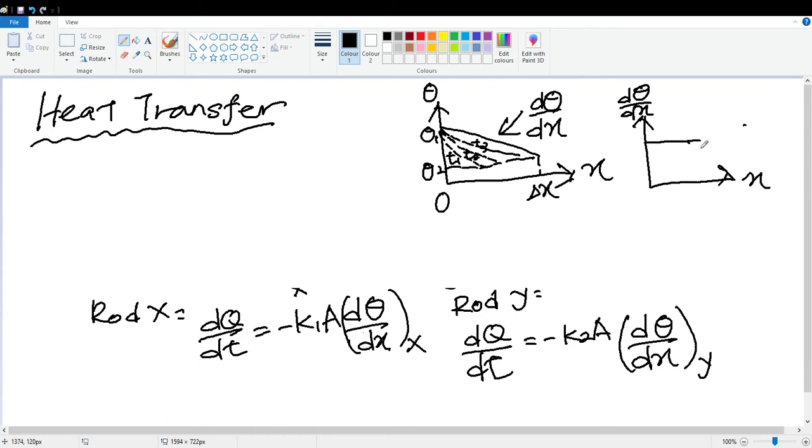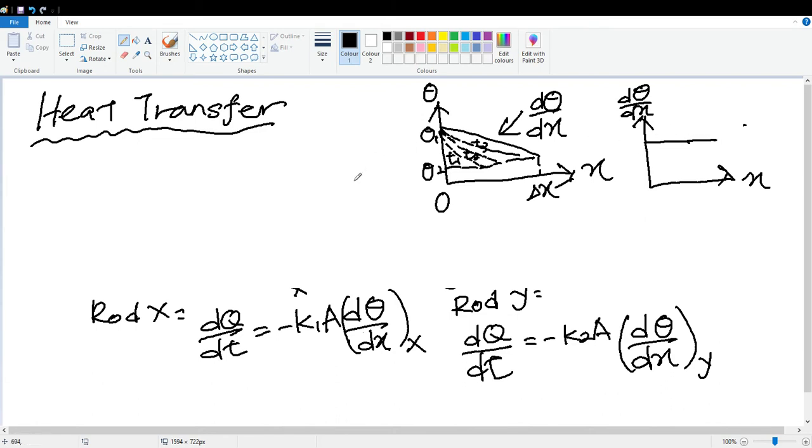So this shall be my temperature gradient, which is a straight line. Let me just observe about it. The temperature gradient at every point is actually equal.